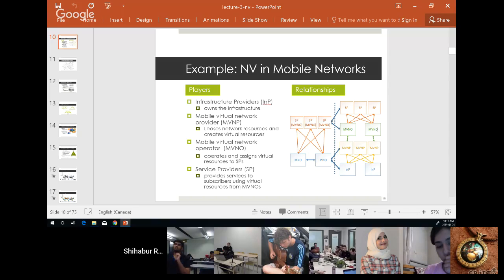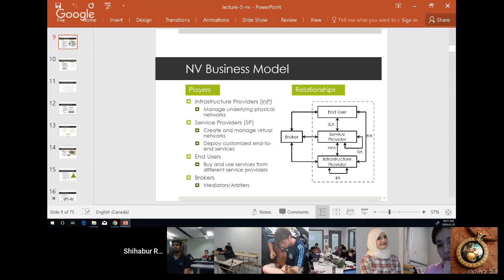The question from Waterloo here, I think, is that the definition of MVNP here is very similar to the definition of SP in the previous slide. So who does the instantiation of it?